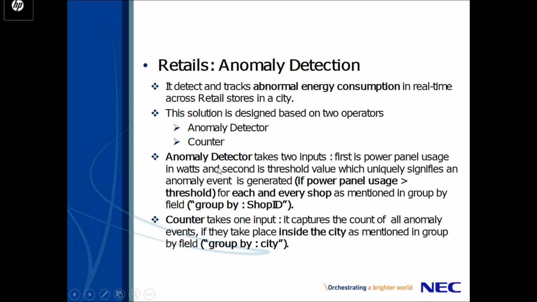The operator, or you can say the function or logic, will segregate on the basis of the shop ID. The second one is the counter. The counter operator runs at city level, while the anomaly detection executes on the basis of each shop. So the counter will collect how many anomaly alarms are raised within that city.